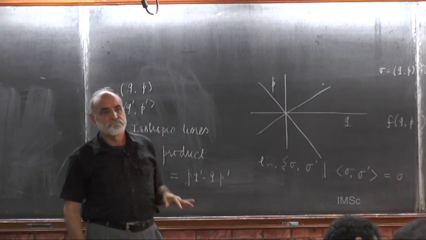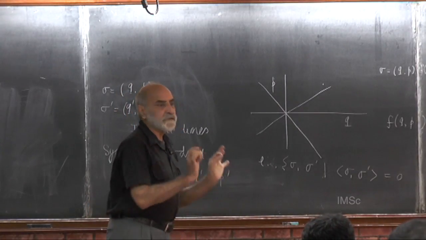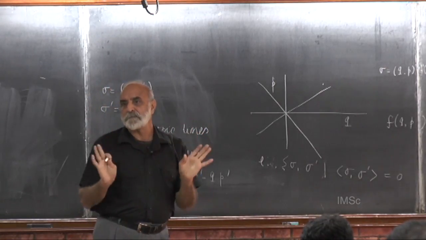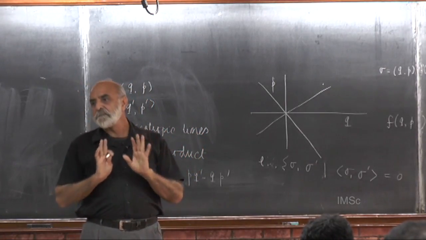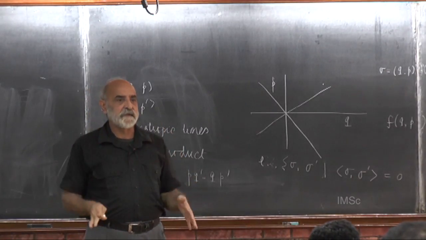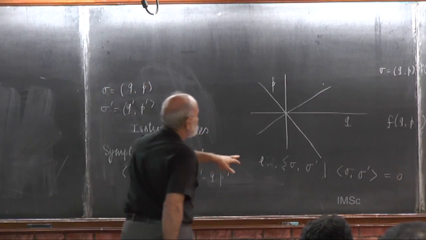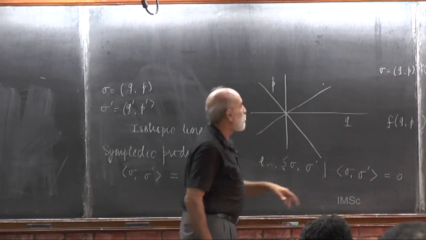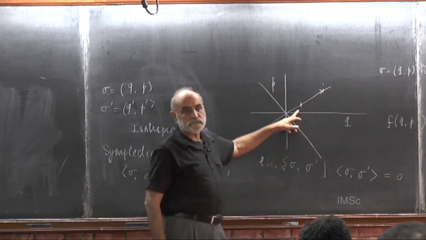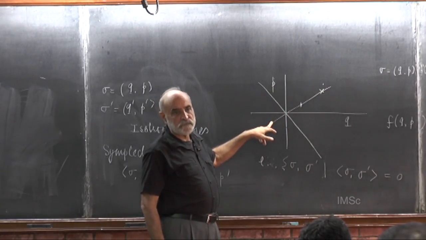Yes? The product is taken on the same line, sigma and sigma prime? No, sigma and sigma prime, I give you 2 points. I'm very happy that people are asking questions. It will help me a great deal if you ask questions then and there rather than wait till the tutorial. Suppose I give you sigma and sigma prime, 2 points. Then these 2 points define a line through the origin. Is that clear?